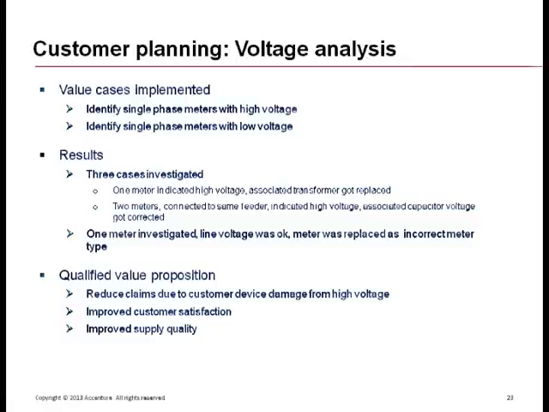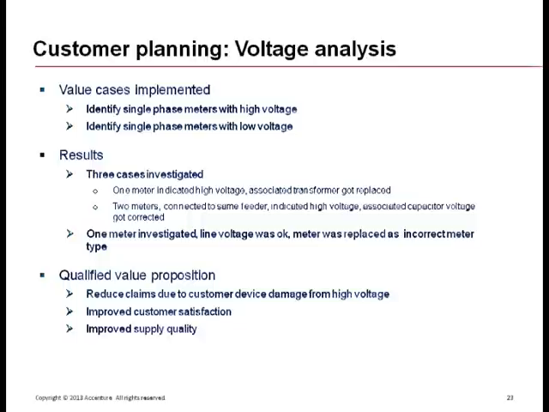So we got that fixed subsequently. These results can help identify some of the issues with the asset which can be looked into proactively and fixed before it gets into emergency condition. One low voltage case was investigated where we found that the line voltage was okay, but the meter type was not appropriate for the premise. So the meter got replaced as incorrect meter type.